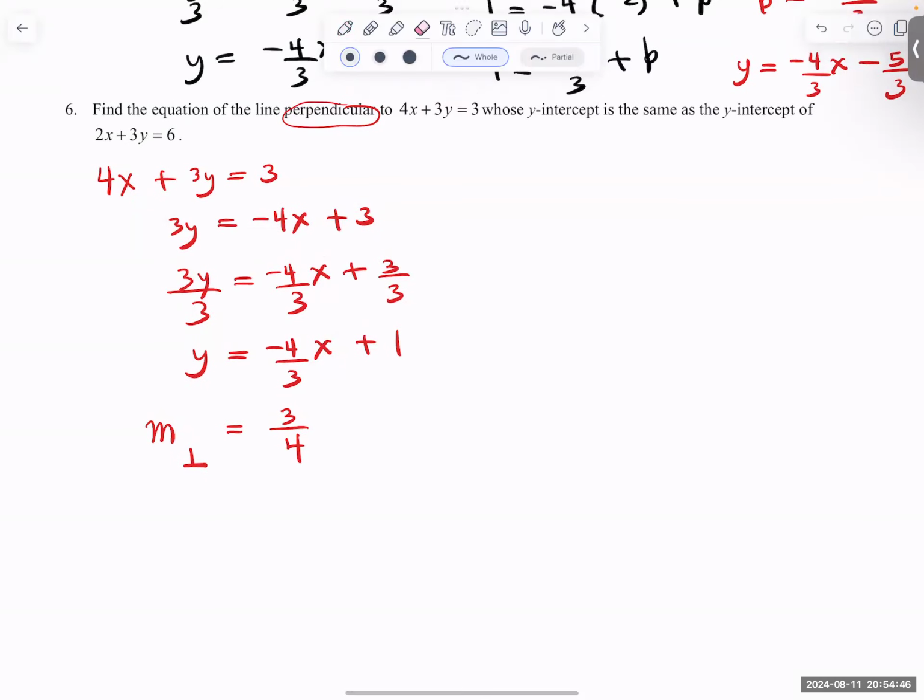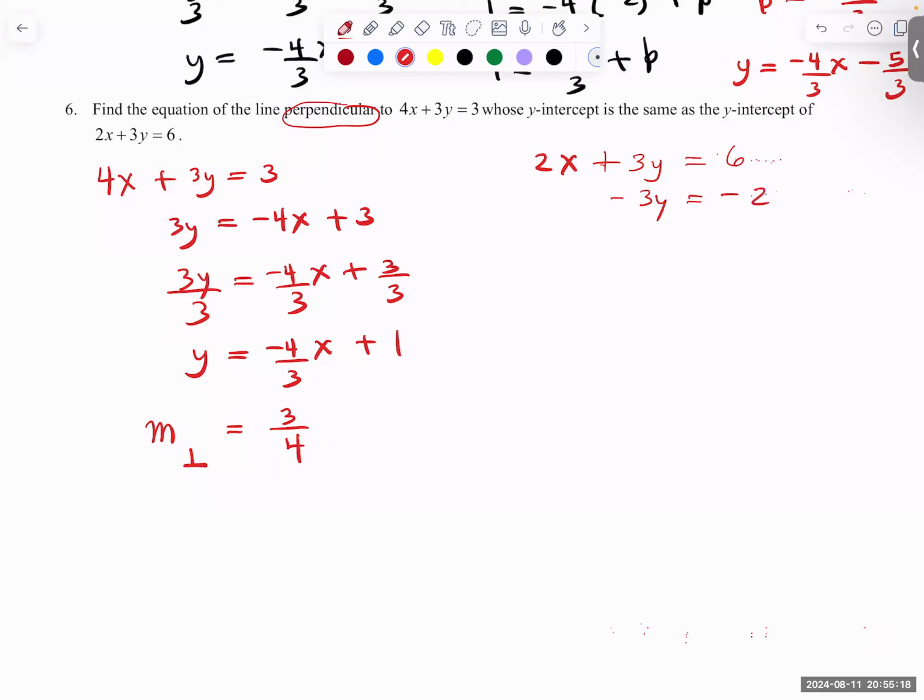Now the y-intercept, b, is the same as the y-intercept of 2x plus 3y equals 6. So if we solve this equation for y, get it in y equals mx plus b form, then we can determine b, the y-intercept. So let's subtract 2x from both sides.